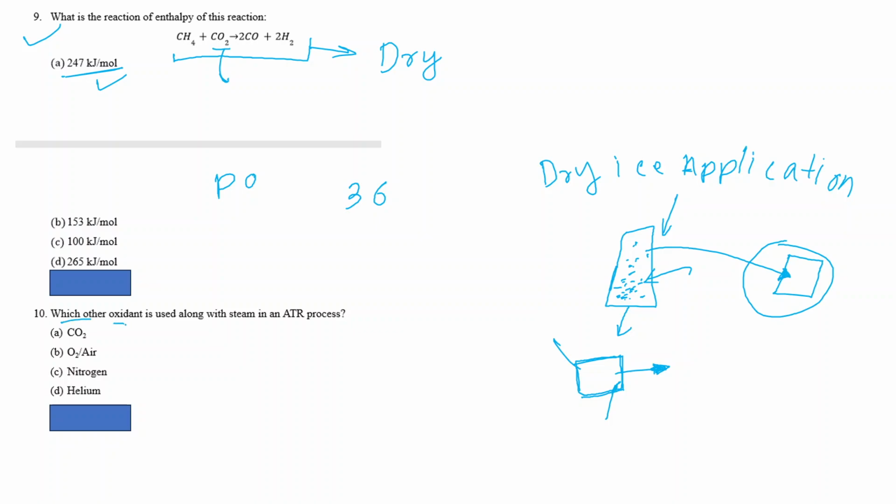Question 10: which other oxidant is used along with steam in the ATR process, and name the oxidant also. Try to make one table: first the reaction's name, then which oxidant is used, then the temperature, the pressure, the product, and the enthalpy.